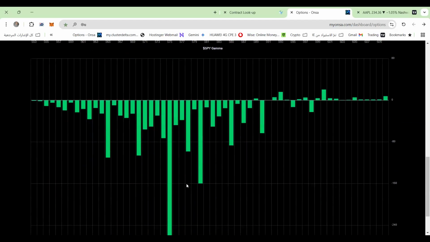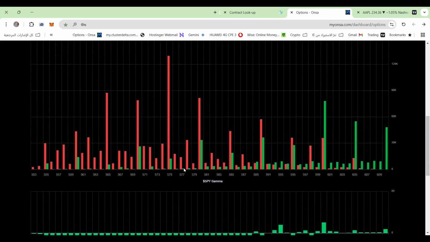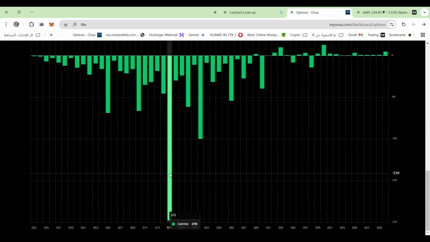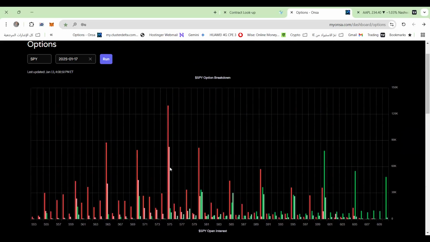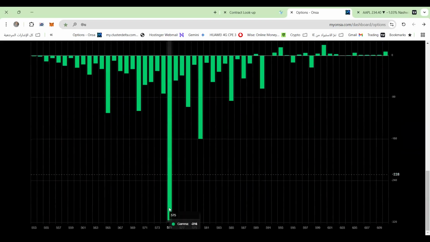And then you can see that we've combined gamma in the same chart. It's very important to know that gamma here is very useful compared to the option breakdown. Why? Because sometimes we need more data about the gamma. So we can see here gamma in SPY over 575.